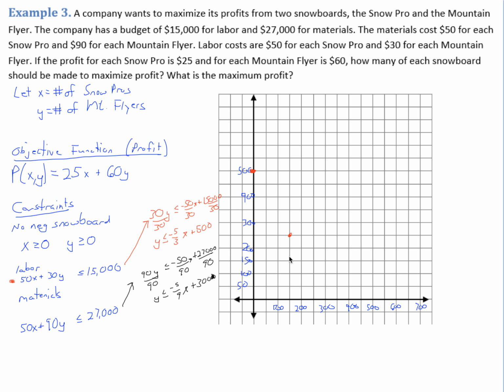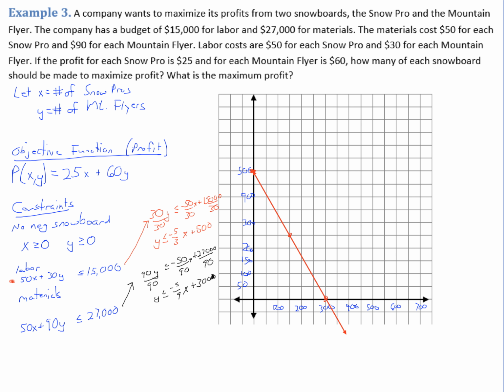Again, down 5 and right 3. And so we can have a line that goes through those points. And that was a less than sign, so it's going to be shaded below. So right now we're in this triangle because right of the y-axis, above the x-axis, and below this.